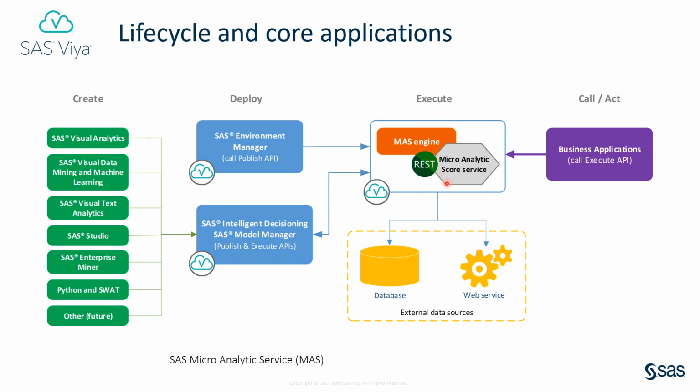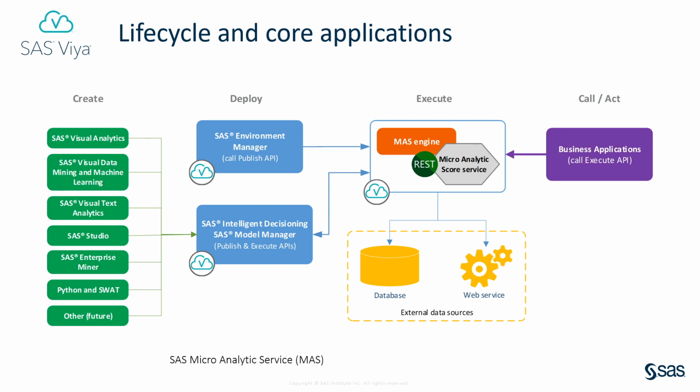There is a Java layer which is depicted by the Micro Analytic Score service, as shown here in grey, and the core engine or underlying MAS engine. The Micro Analytic Service, or MAS, is provided with a number of SAS solutions, particularly SAS Intelligent Decisioning and SAS Model Manager. The core engine is also provided with SAS Event Stream Processing.